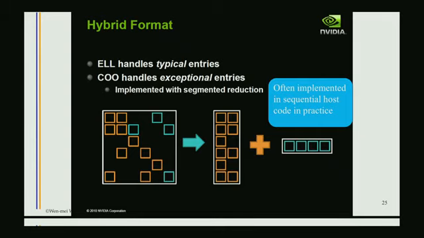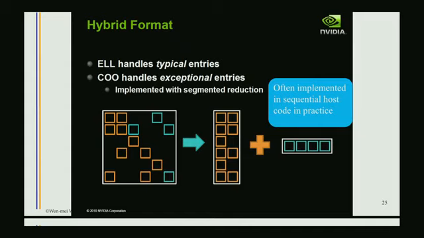So here's an example of a hybrid. We take the best of ELL, which is coming to his point. He made a very good point when we were talking about ELL. He said, what is the situation where we have one row that has a lot of elements, right? So what we're going to do is pick a threshold.